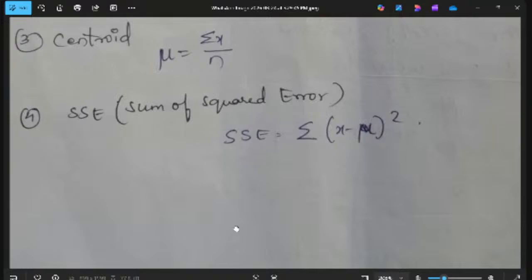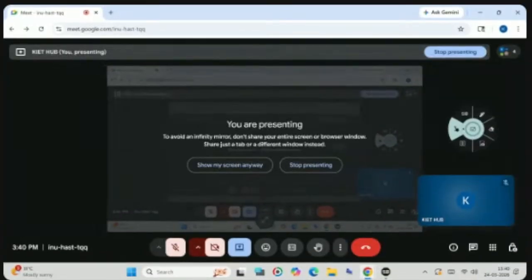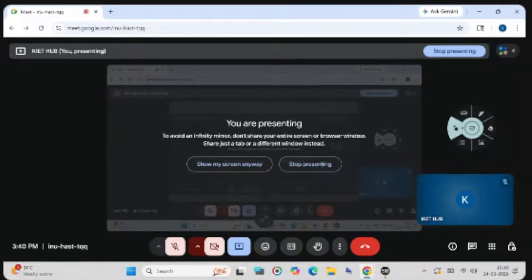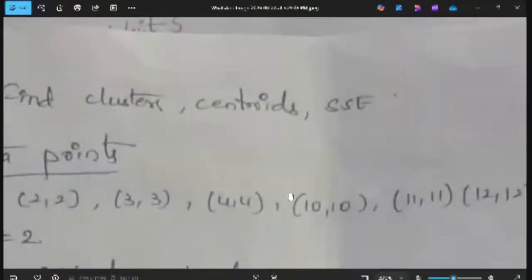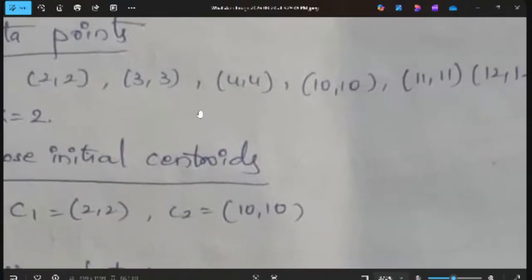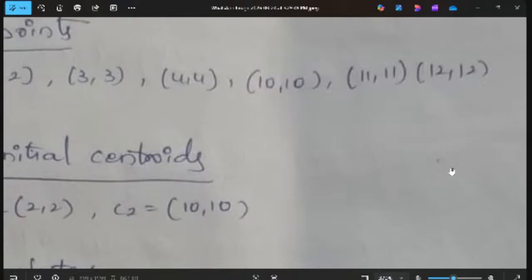Write down the question. Consider the given 2D data points: 2, 2; 3, 3; 4, 4; 10, 10; 11, 11; and 12, 12.